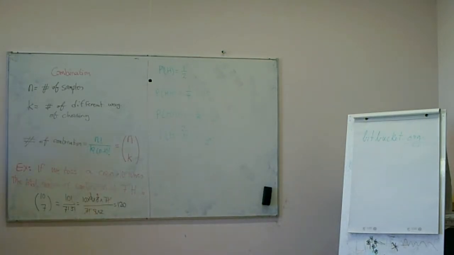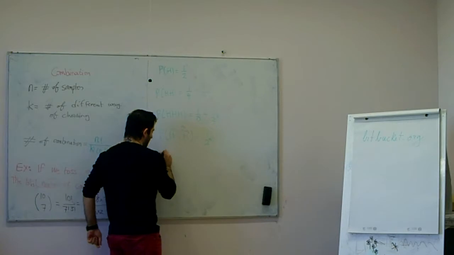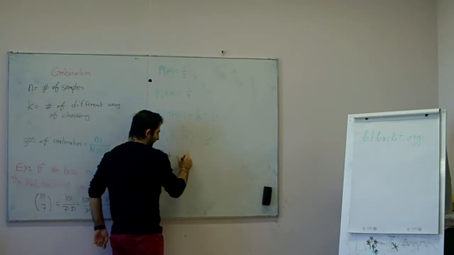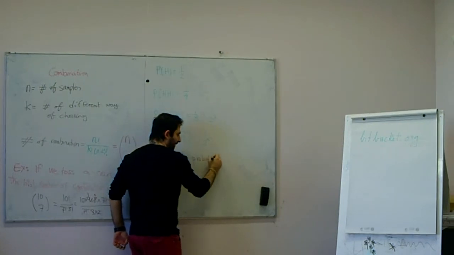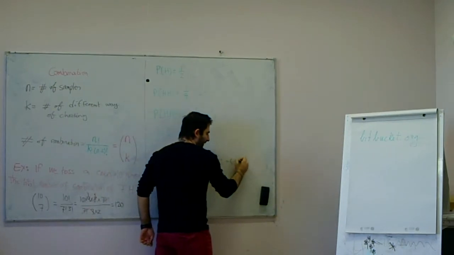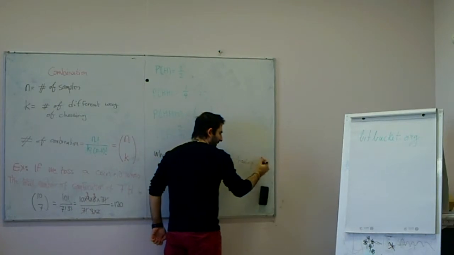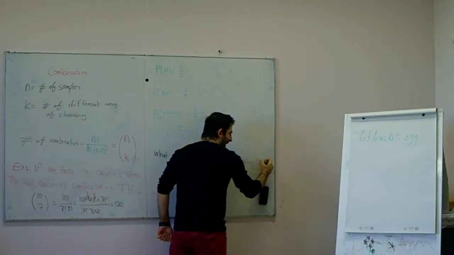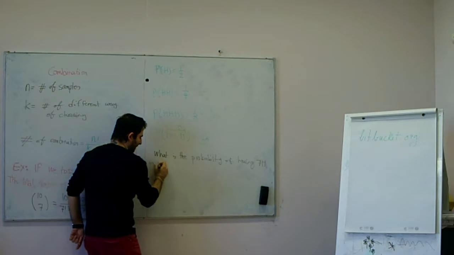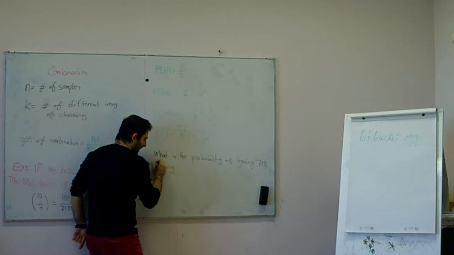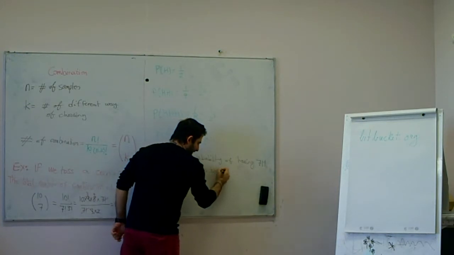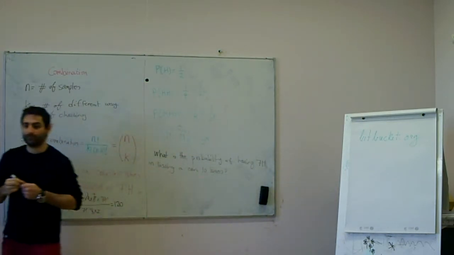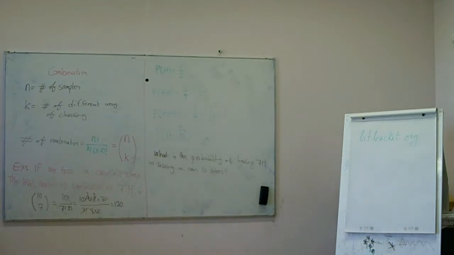So the question is this. What is the probability of having 7 heads in tossing a coin 10 times? I want to toss a coin 10 times.